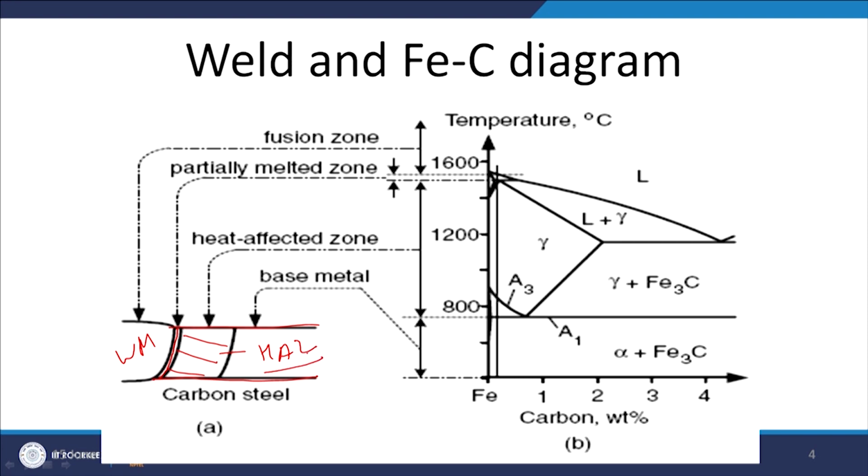Any zone which is heated above 723 degree centigrade up to the melting point falls in the heat affected zone, and all the regions below this 723 degree centigrade in the case of carbon steels, which are not heated above this lower critical temperature line, will be in the base metal zone, because it will not experience a major change in properties.